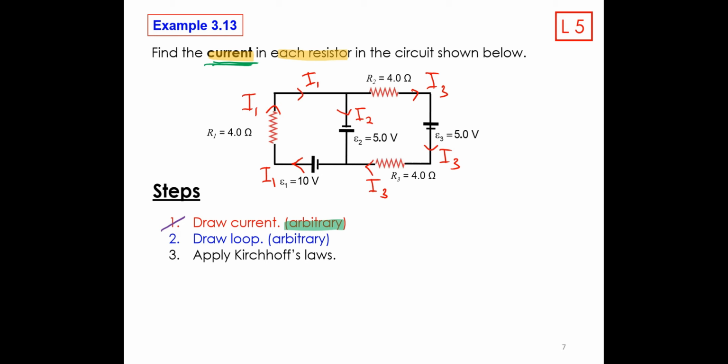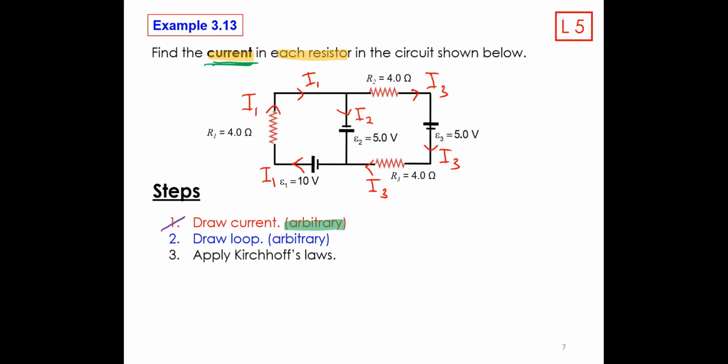So we know that to draw the current and to apply it, it occurs at any junction. Doesn't matter, we will discuss together after this.